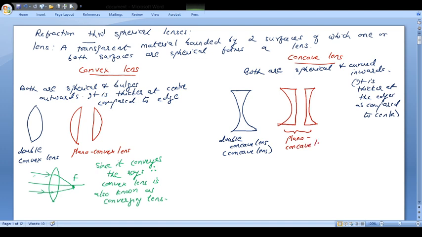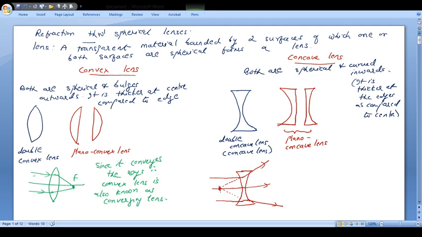Now suppose parallel rays fall on this concave lens. If the parallel rays fall on the concave lens like this, then it diverges the rays. The rays will go like this, and it will appear as if they are diverging from one point.